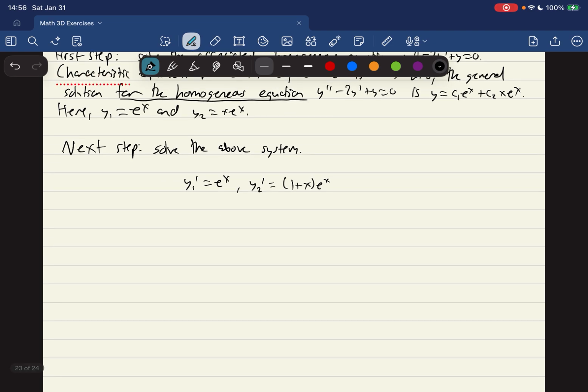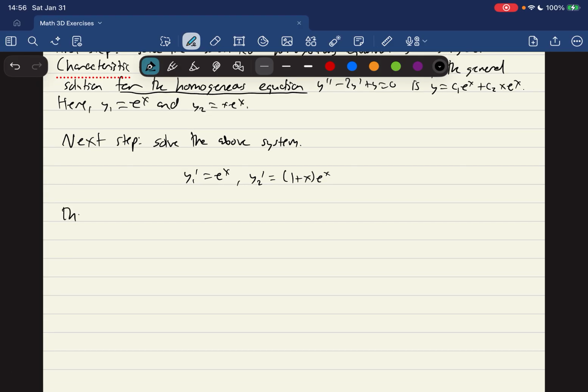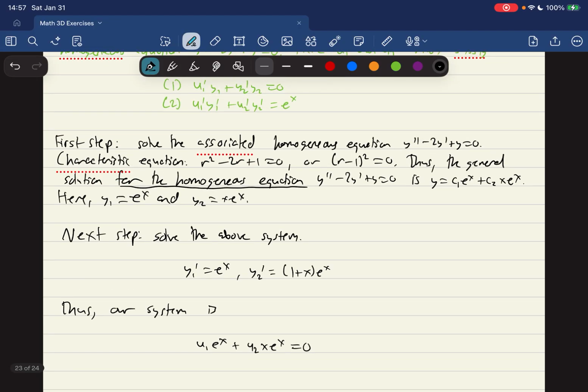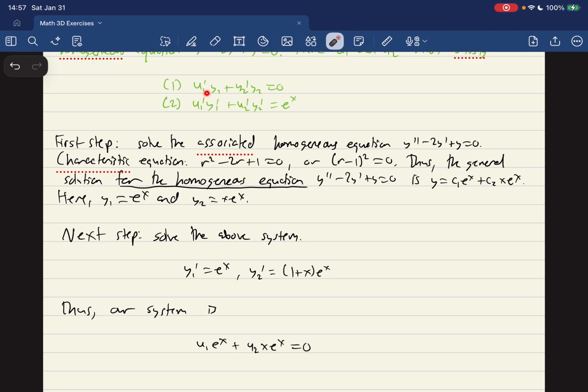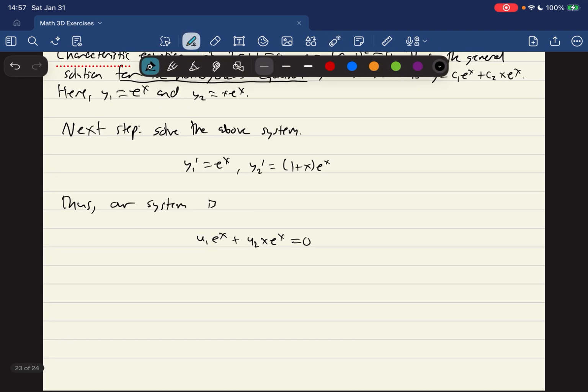And so my system, therefore, and let me write this in words, is u1 e to the x plus u2 x e to the x equals 0. And then my second equation up here, after plugging in the derivatives, becomes u1 e to the x plus u2 times 1 plus x e to the x equals e to the x.